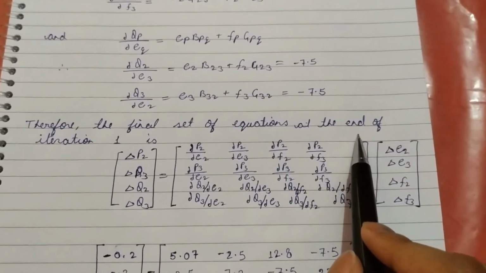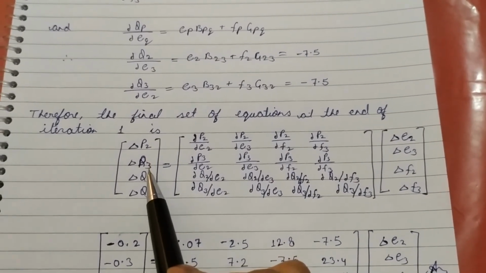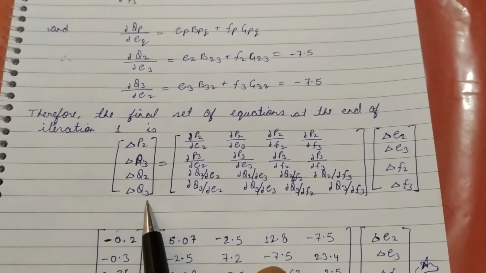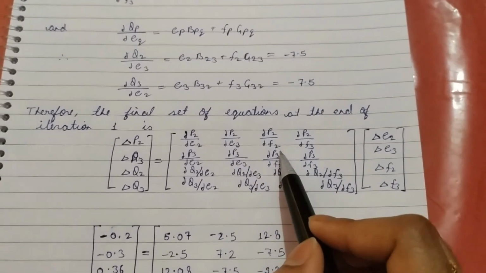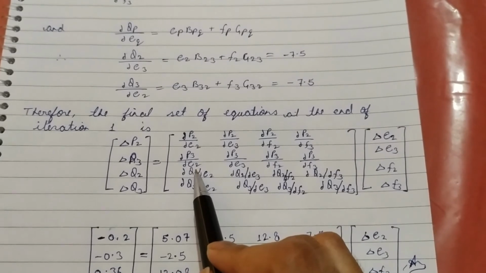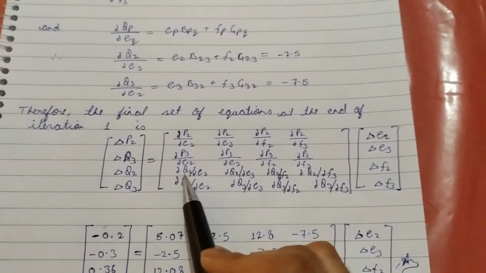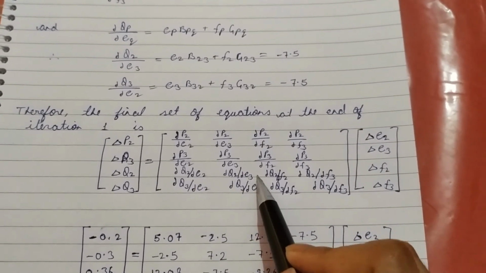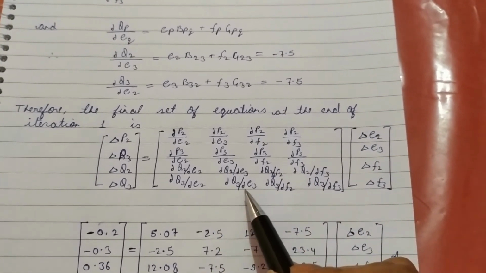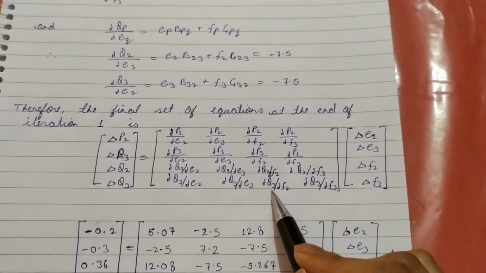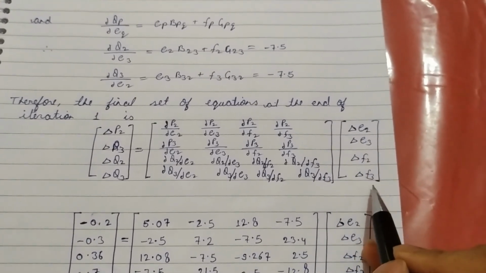Therefore, the final set of equations at the end of the first iteration, from the Newton-Raphson method, we know del P2, del P3, del Q2, del Q3 is equal to the matrix of del P2 by del E2, del P2 by del E3, del P2 by del F2, del P2 by del F3, and so on through del Q3 by del F3, into del E2, del E3, del F2, del F3.